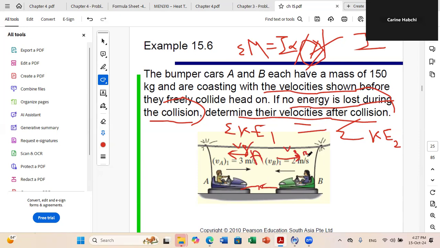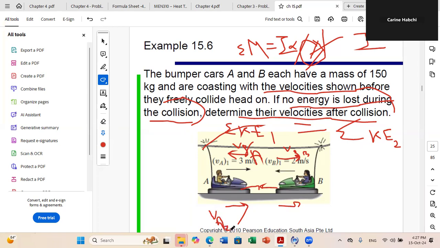What you can do, you can say, I don't know if they will change in direction or not, maybe. So I can assume the velocities because I don't know the final direction. I can keep them in the positive direction. And if I get a positive value, this means that my assumption is right. If I get a negative value, this means that my assumption is wrong. So I can deal with it as algebraic value, VA2x.